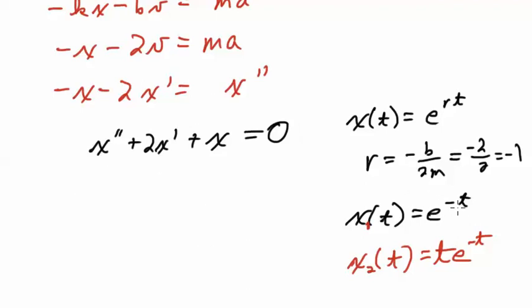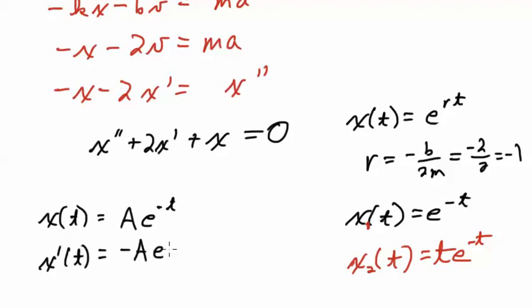So let's first look at something of the form a e to the negative t. If I say x of t is a e to the negative t, then x prime of t is equal to negative a e to the negative t, and x double prime of t is equal to positive a e to the negative t.